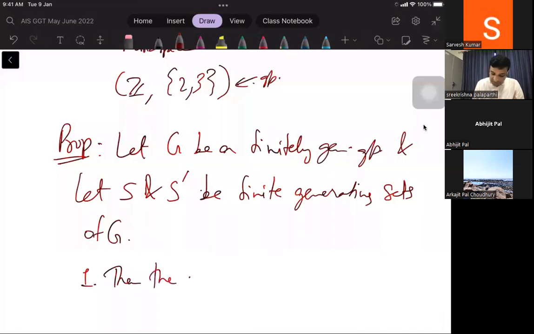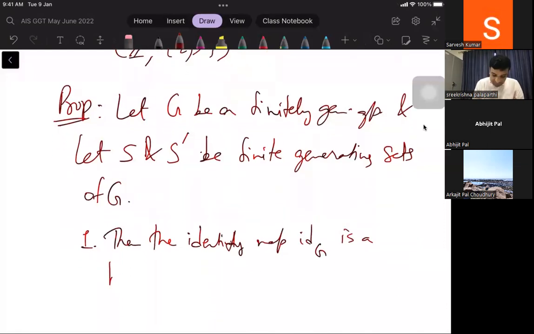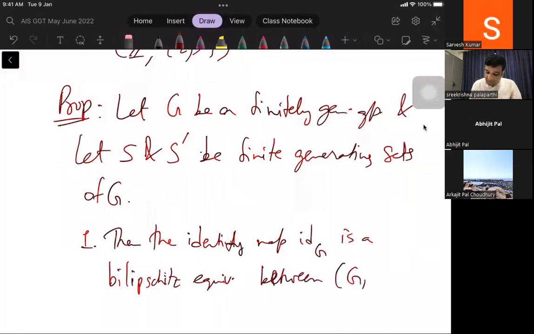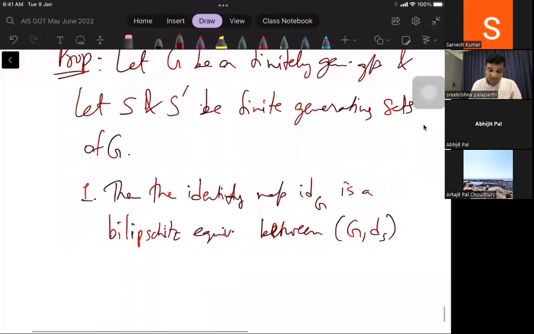So then the identity map on G, id_G, is a bi-Lipschitz equivalence between the metric spaces (G, d_S) and (G, d_S prime), where we now regard these as metric spaces by the word metric.